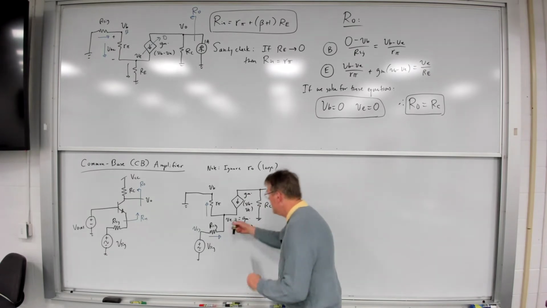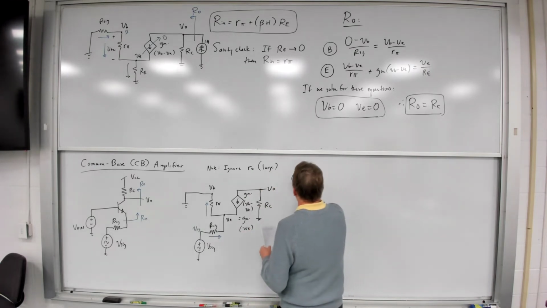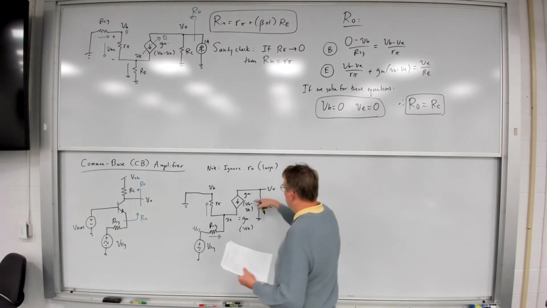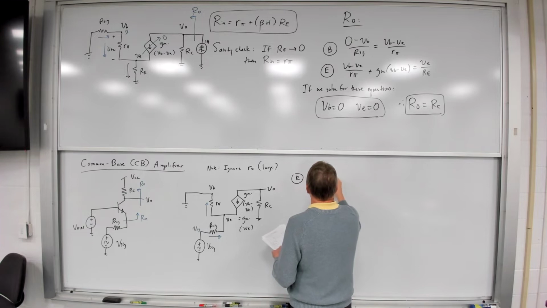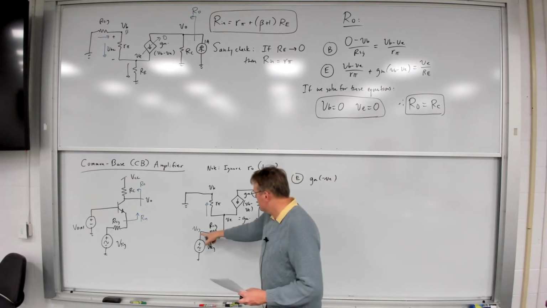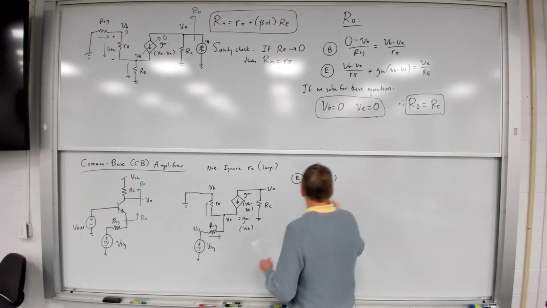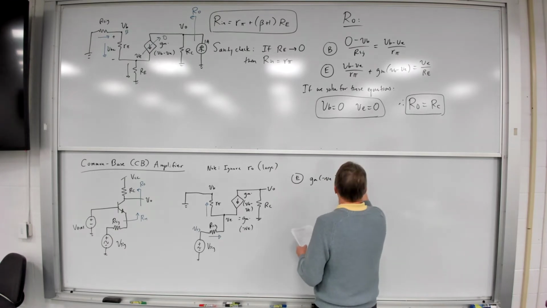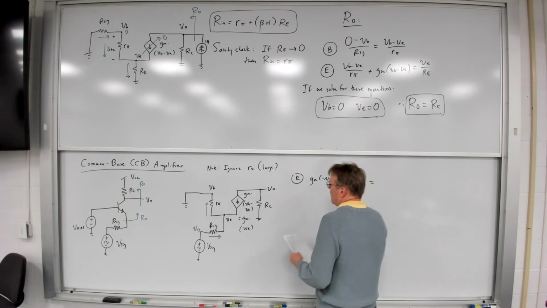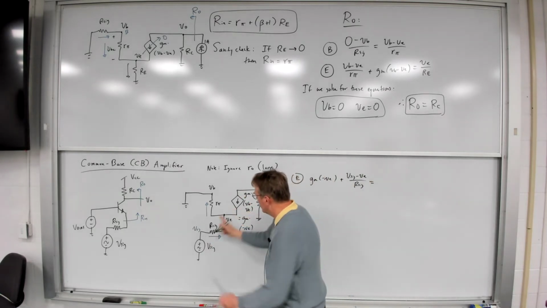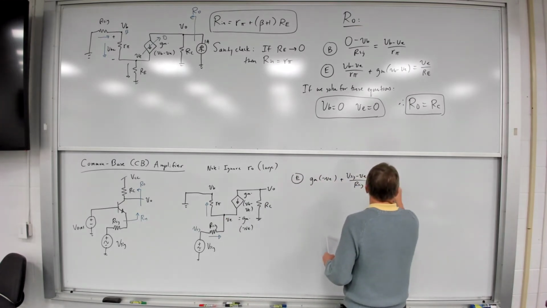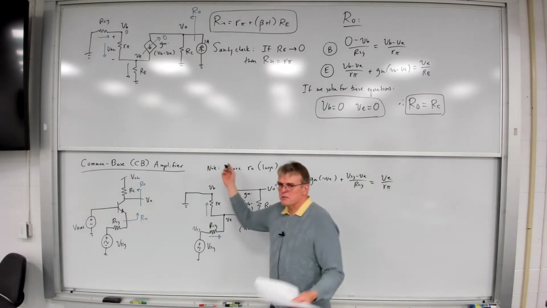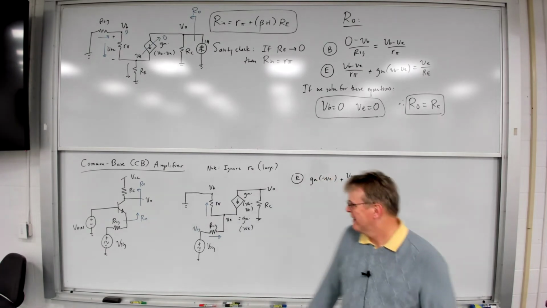So at the emitter, I've got gm times minus VE plus Vsig minus VE over Rsig. These two currents going in must be equal to VE over r pi going out, since VB, of course, is just 0. So I don't care about that.